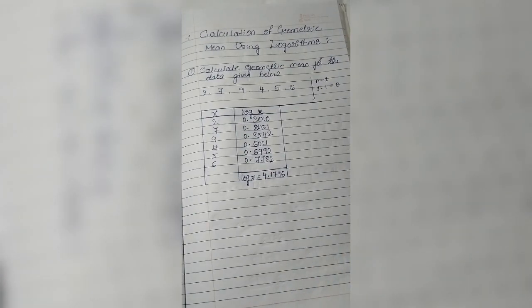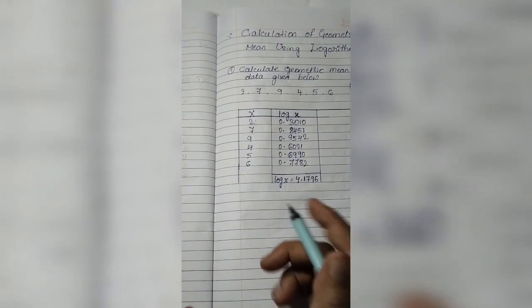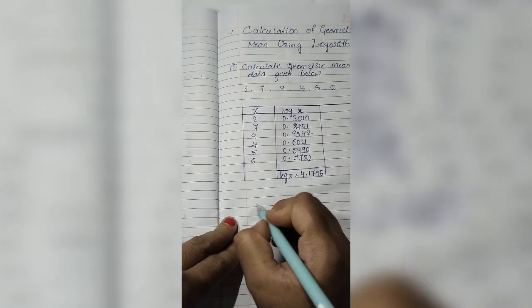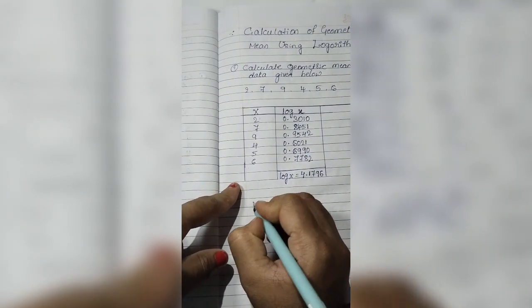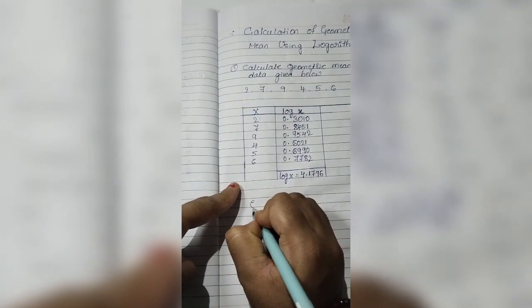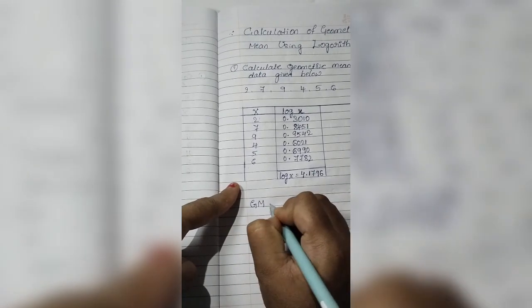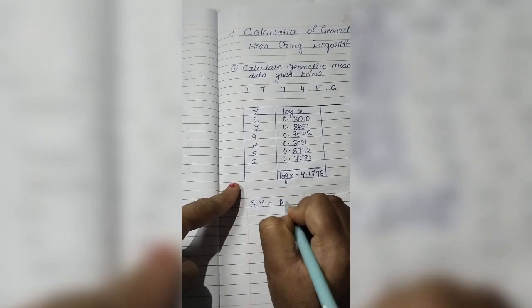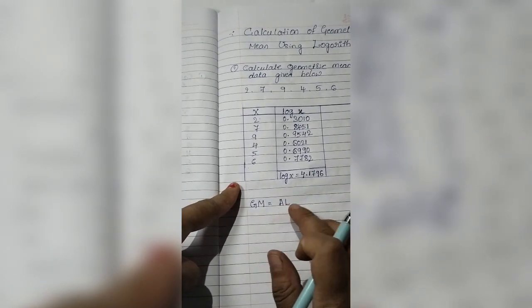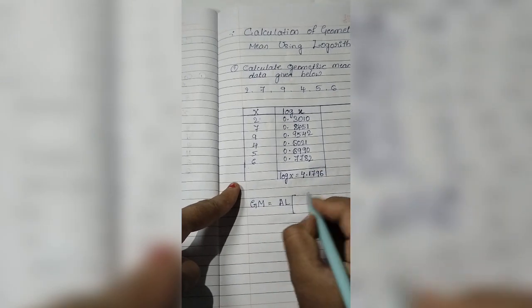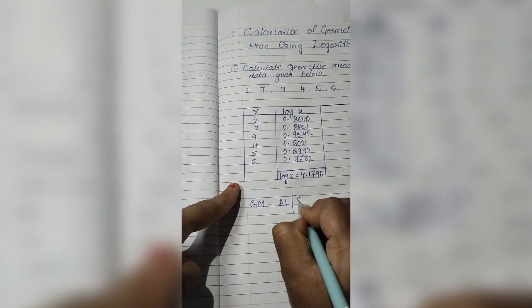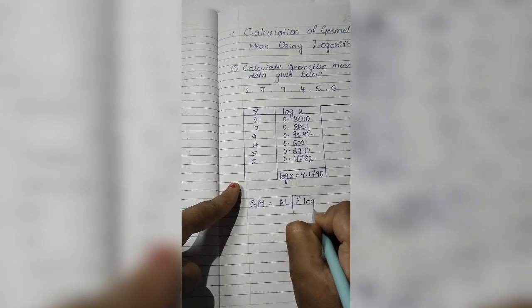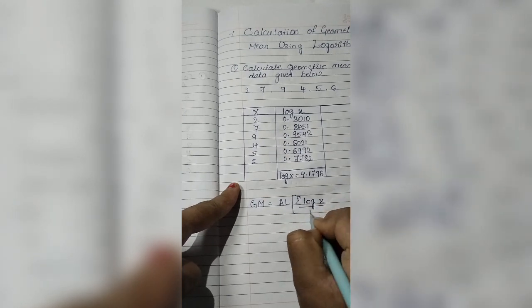Next, I will apply the logarithm geometric mean formula. GM is equal to AL, where AL means anti-log, of sigma log x divided by n.